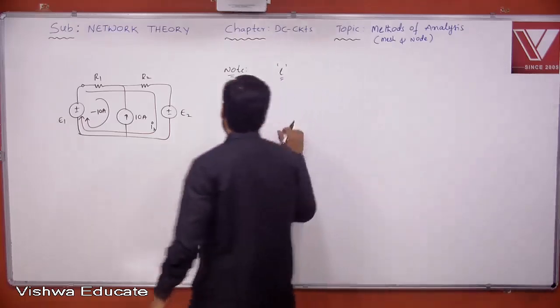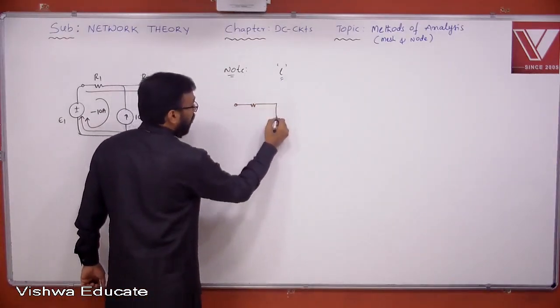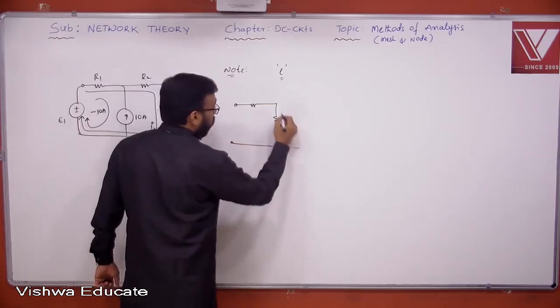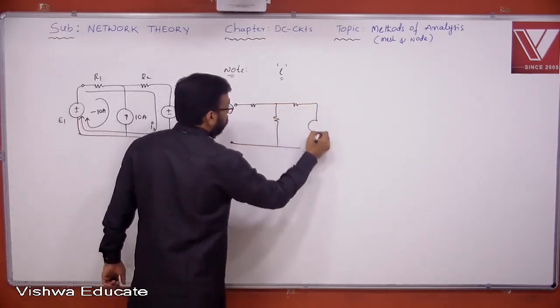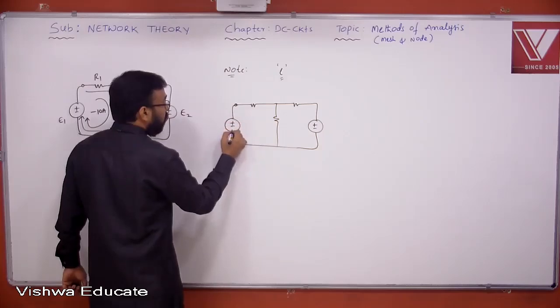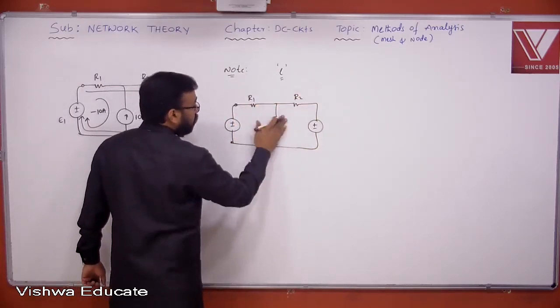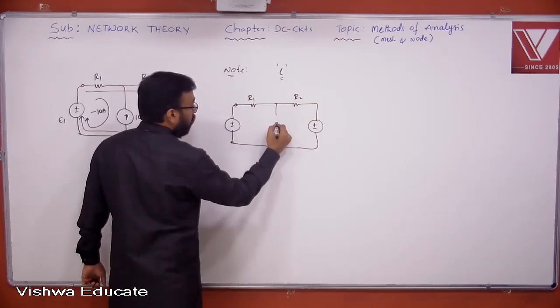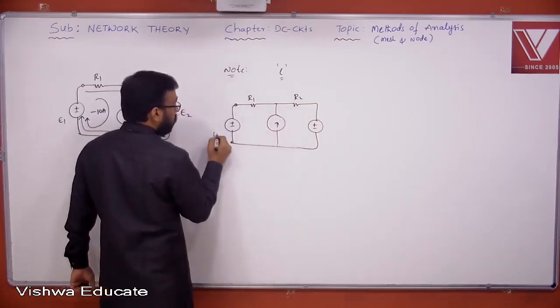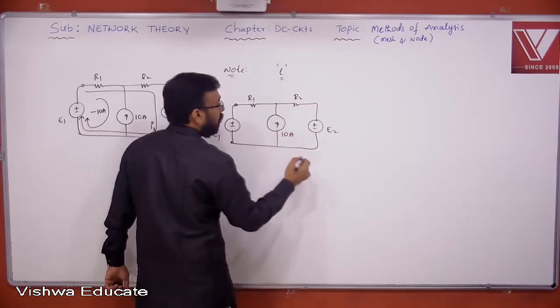Okay, now here it is very clear. If I select the loop current something like this, the justification for the statement given here: E1, E2, R1, R2, and this is the current source, let us say 10 amperes.